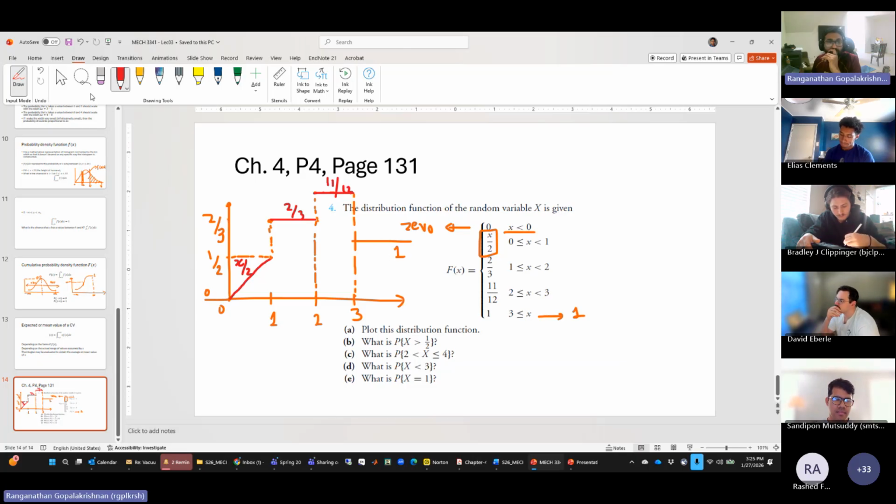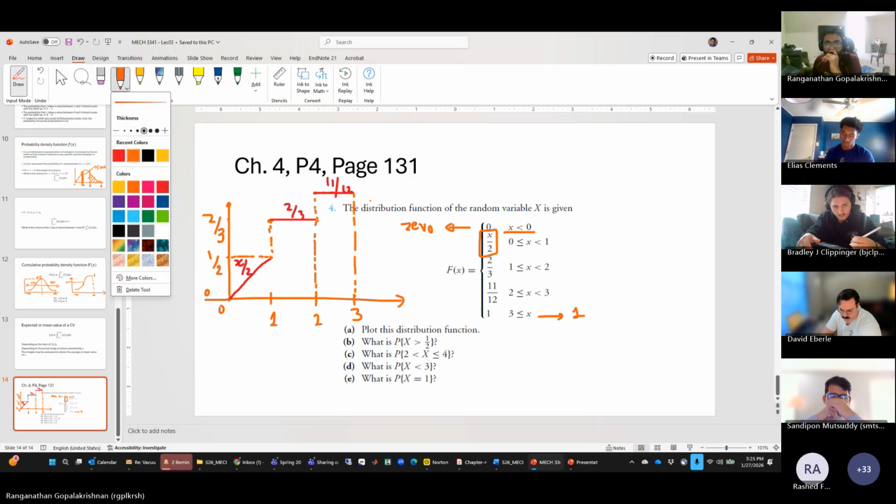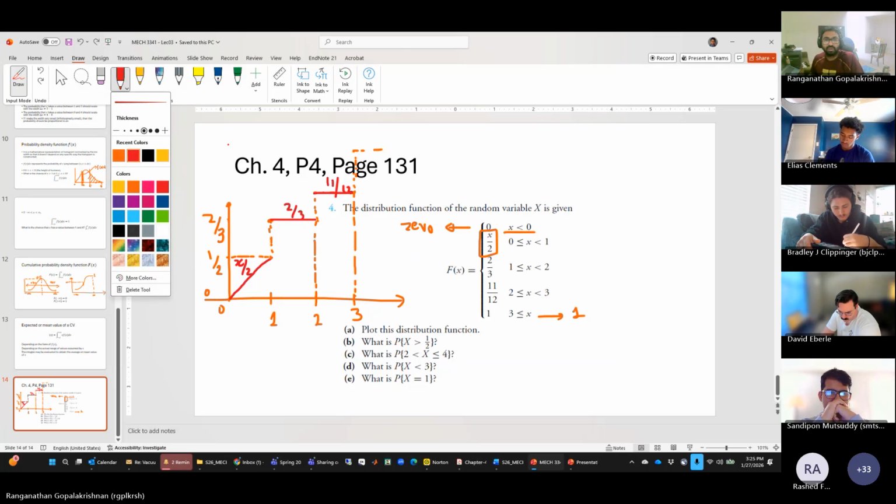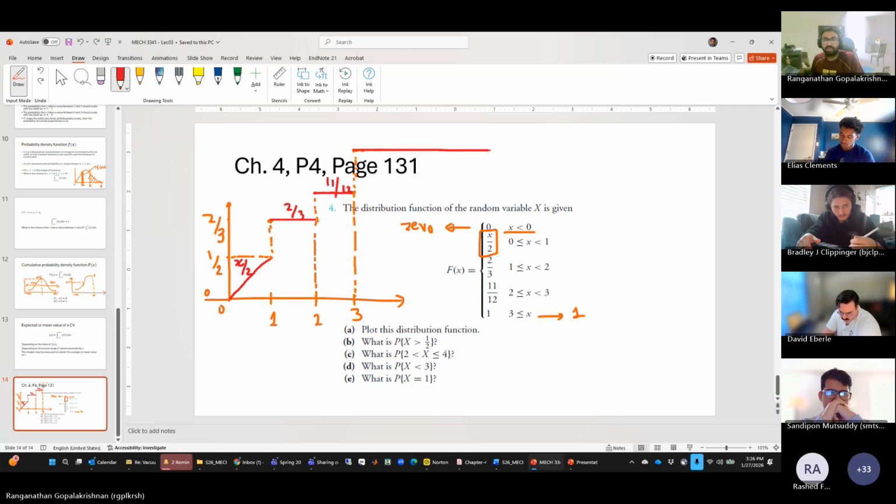And beyond 3, it just stays at 1. Okay, so that's our distribution function. This is part A.